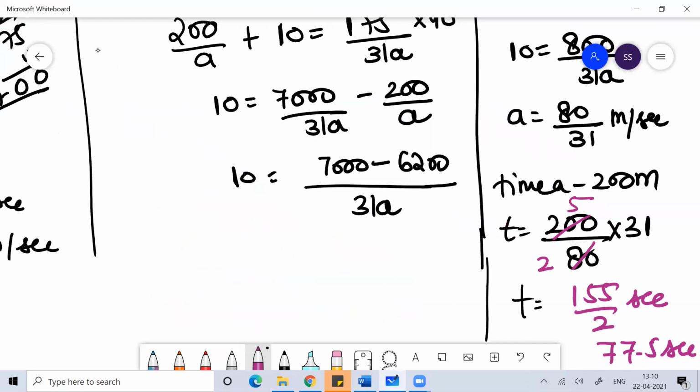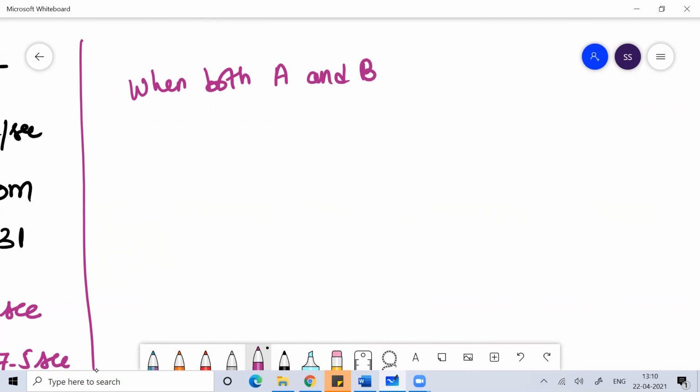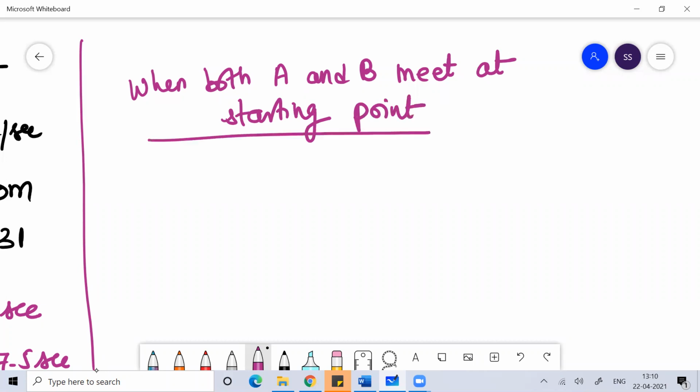In the case of circular motion, if you get a question asking when both A and B meet at the starting point, that is nothing but the LCM of the time taken by A to complete one revolution and the time taken by B to complete one revolution.